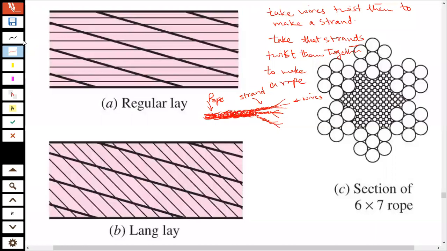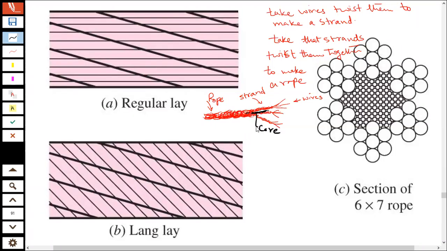Also, there is something at the center, along around which we twist these, and that is called the core.